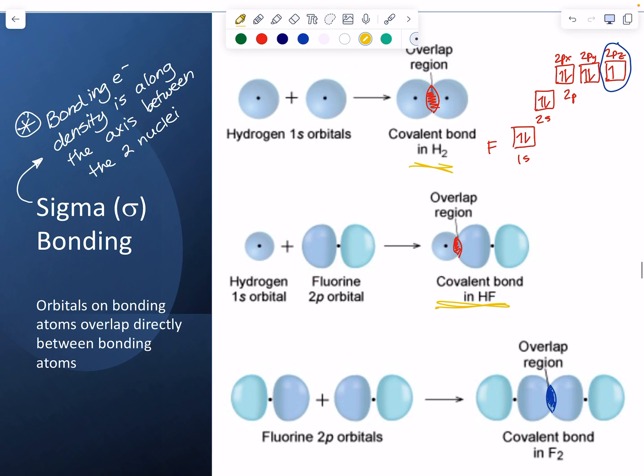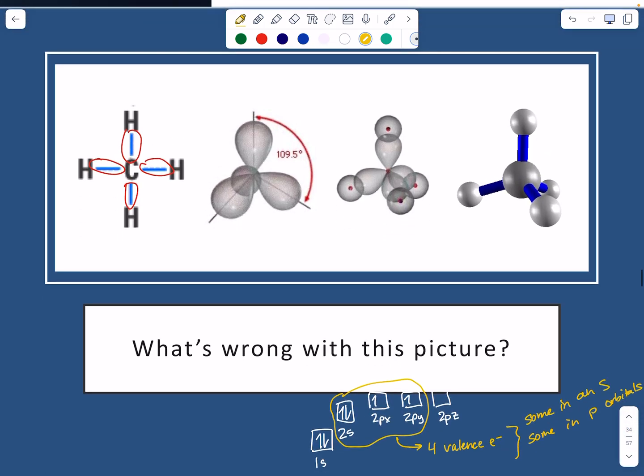But we know from experiments on molecules that those 4 hydrogens attached to that carbon arrange themselves in a symmetrical way. So that simple geometry of these orbitals overlapping as if they were in isolated atoms doesn't quite hold up.